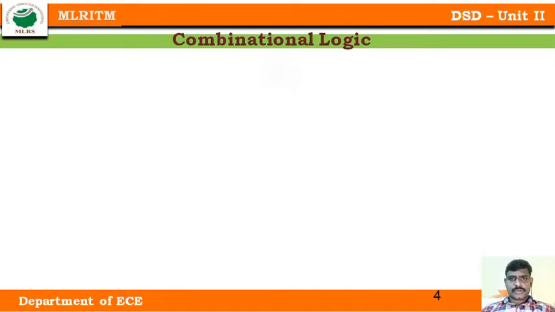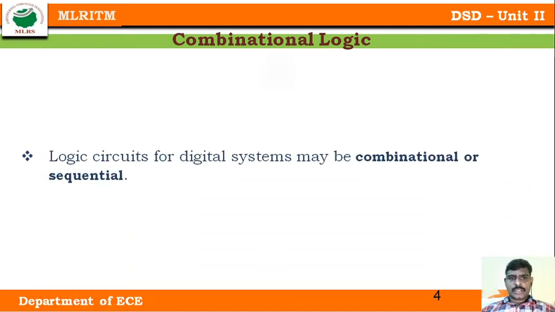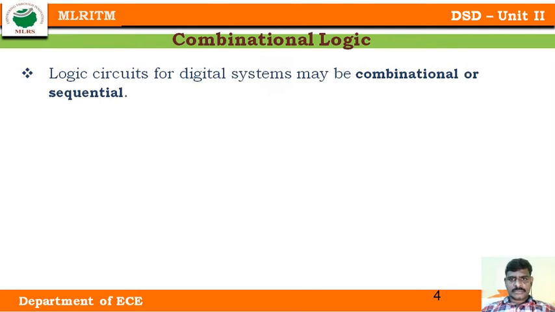So what is combinational logic? A logic circuit for a digital system may be combinational or sequential. What is the difference between them? The major difference is the memory element.